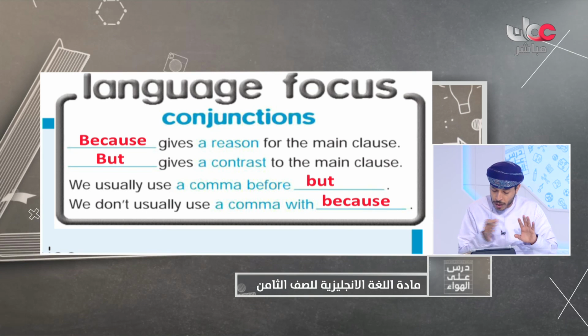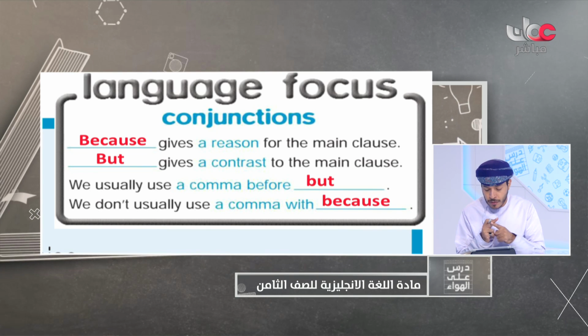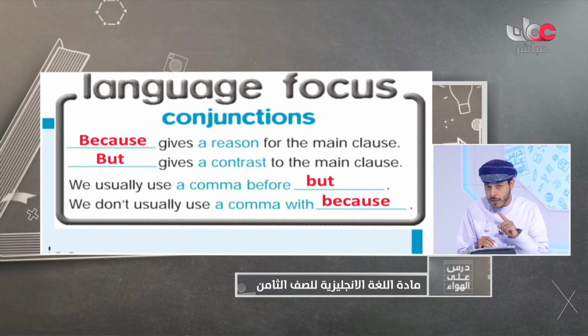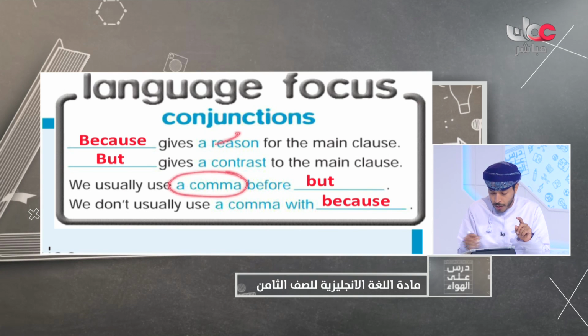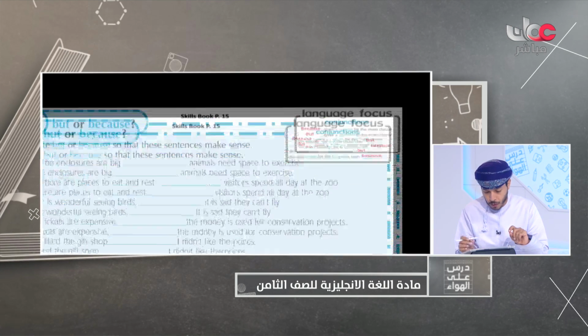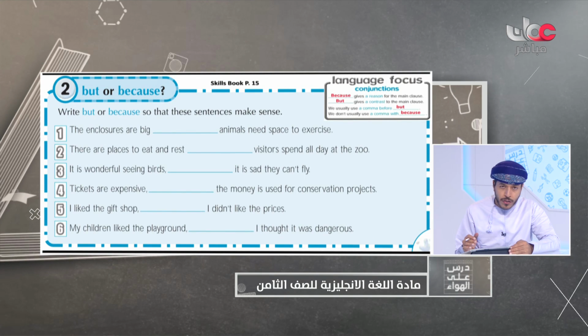There is a contrast between the two sentences. So we can link these two sentences by the conjunction but. It gives a contrast to the main clause. So, there is a difference. We usually use a comma before but. We don't usually use a comma with because. Good, guys?